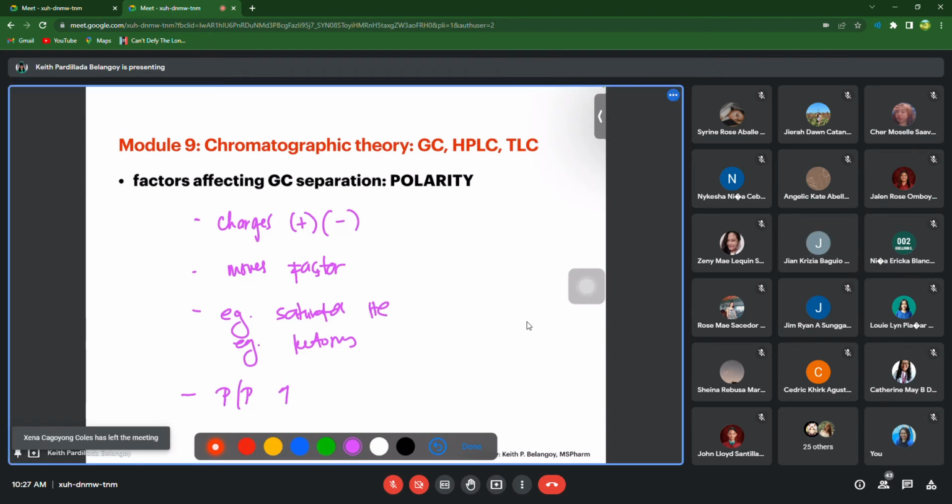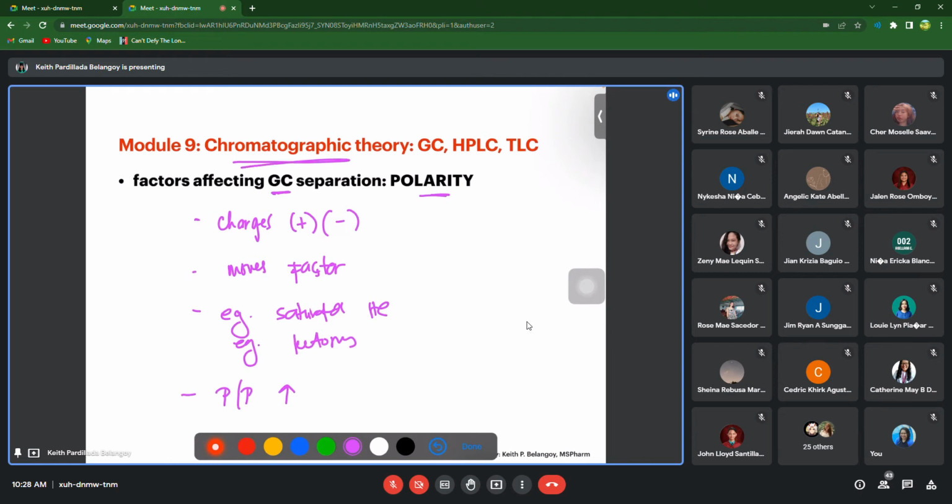Very good. Very good for using polar and polar, the same polarity. So as we've mentioned earlier, we now know the power of polarity, and it's not only true to your gas chromatography that polarity has an effect. It's true to all the separation techniques for your chromatographic theories.